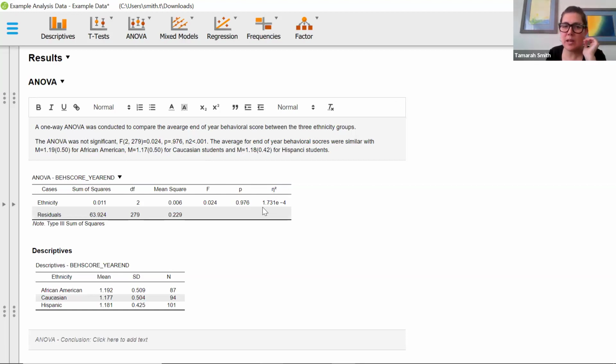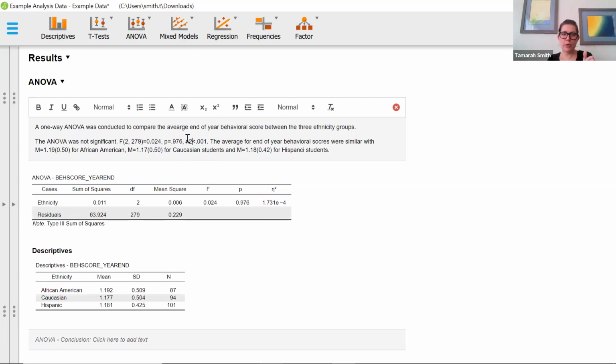I'm not typing in 1.731 e to the -4. I am saying this is a very small number. And the way we do that in APA format is to say less than 0.001, because it is definitely, in fact, less than that. Okay. Anytime you get this kind of scientific notation, the number is less than 0.001.